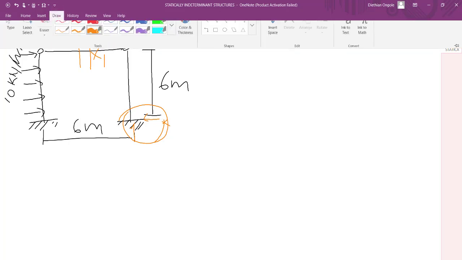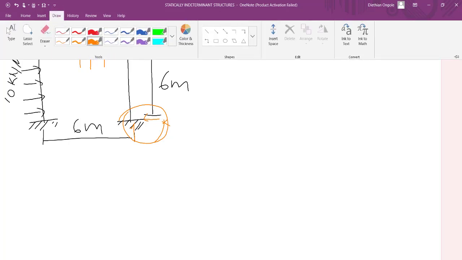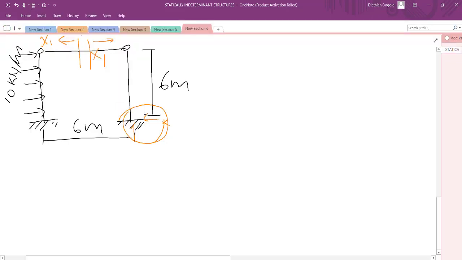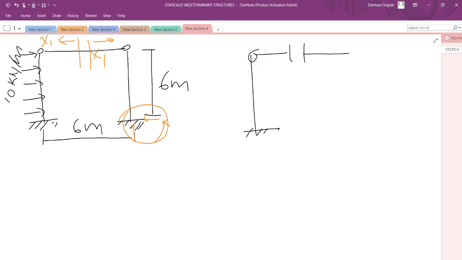First of all, let me extract the basic structure and draw it on its own. So the basic structure would be of this format. We'll have that, and then we've dissected it in the middle, and then this other half of it like that.